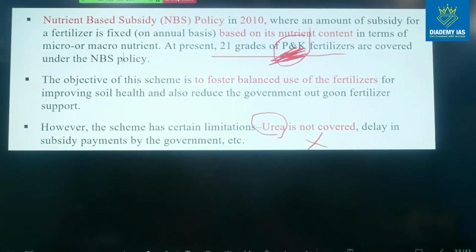The objective of this scheme is to foster the balanced use of fertilizer for improving soil health and also to reduce the government's outgoing fertilizer support.